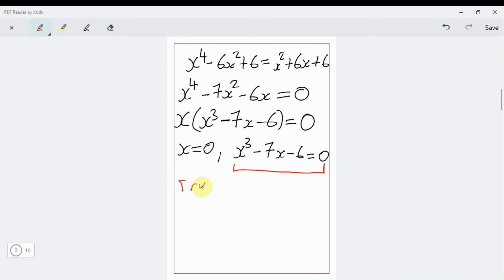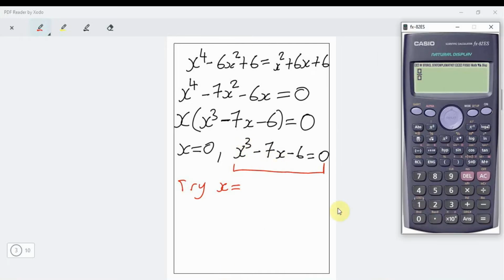So let's try x being equal to 1. Will 1 work? No, 1 won't work. Cool, let's try negative 1. Negative 1 won't work. Let's try x being 2. 2 cubed would be 8 minus 7. I'm going to bring up the calculator because I know you're probably saying we're not seeing it so clearly.